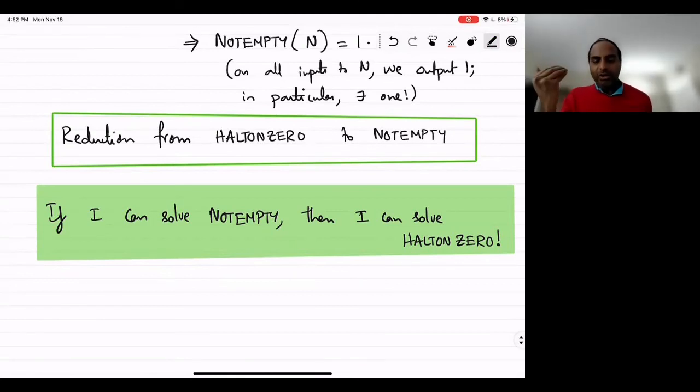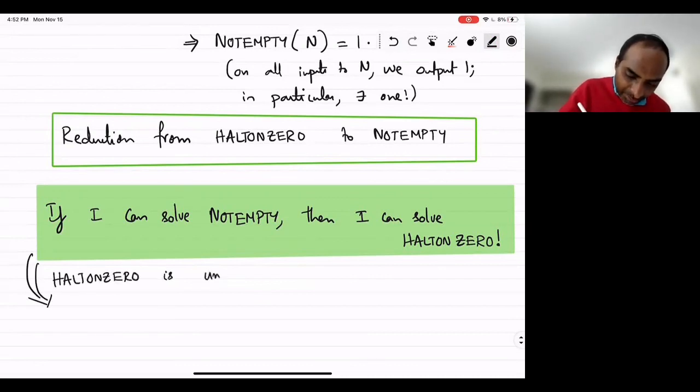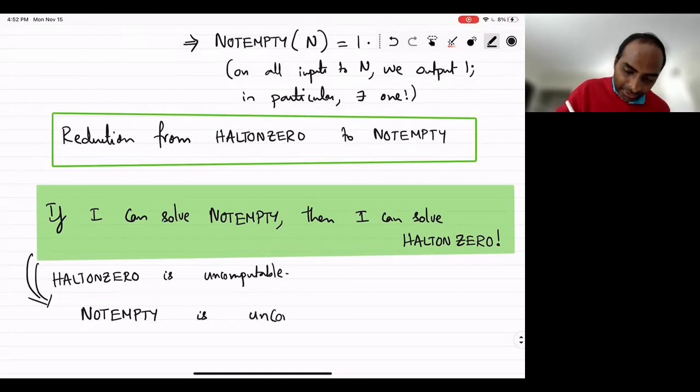On the other hand, just a few minutes ago, we showed that halt on 0 is uncomputable. So when combined with the statement that halt on 0 is uncomputable, we get that not empty is uncomputable.